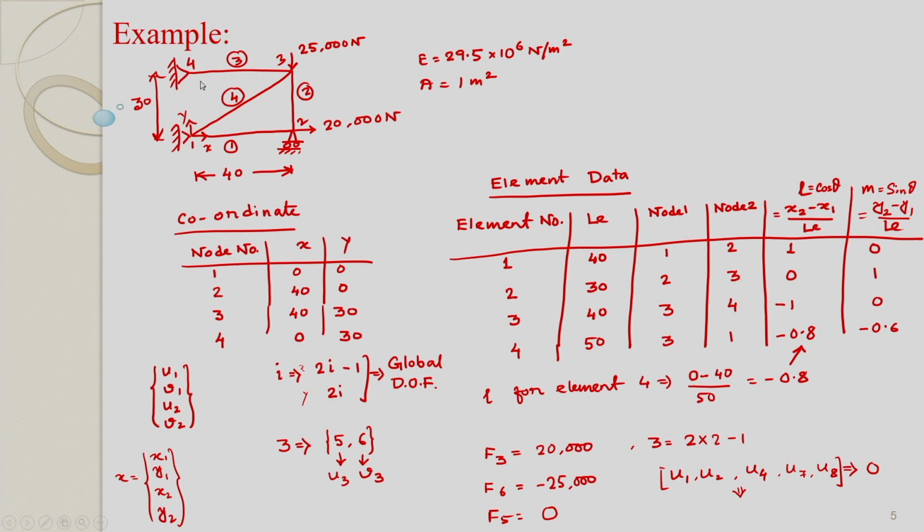Other degrees of freedom are controlled by the given displacement constraints for node 1 and node 4, because they are hinged. So, both x and y displacements are 0. So, u1, u2, u7, u8 they are 0, and for node 2 y displacement is 0, that is u4 is 0.